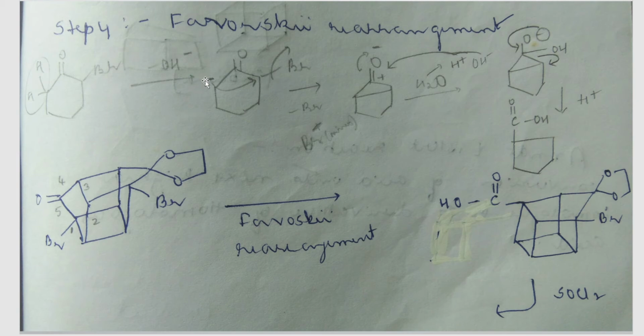This carbon here has a minus charge because H has gone out as H plus. Sorry, this other carbon will get a plus charge because Br is going out as Br minus. So this carbon with a negative charge will form a bond with this carbon with a positive charge. Can you see this? There's a bond formation here.